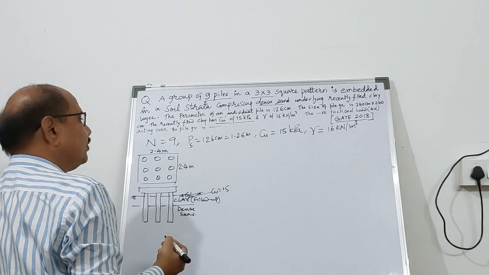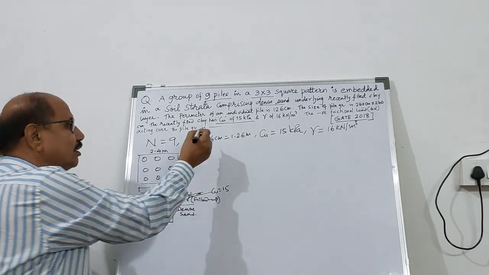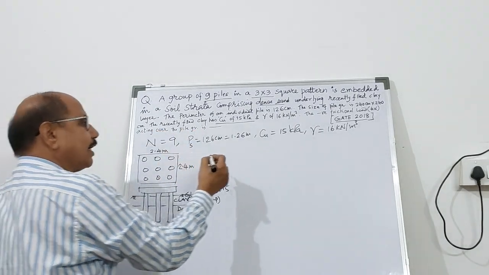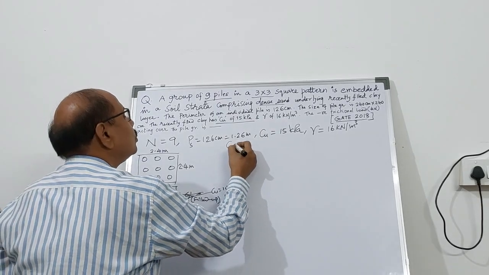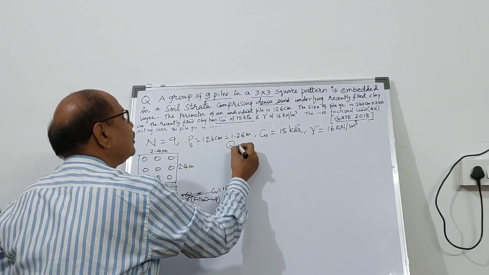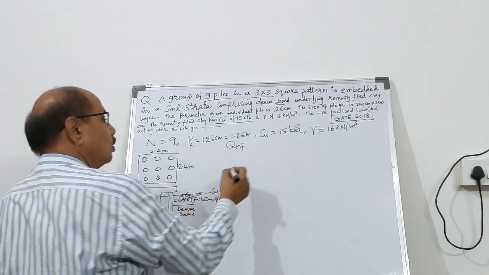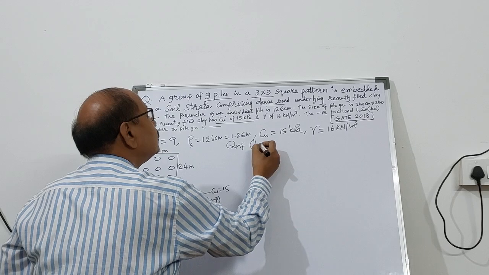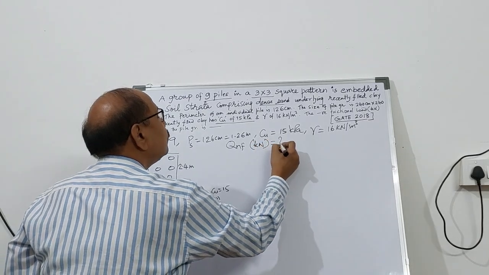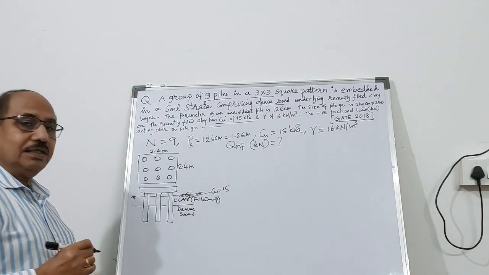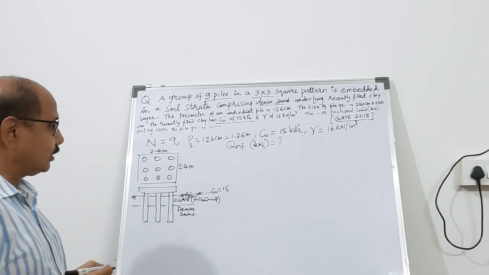The negative frictional load acting over the pile group is to be calculated. So what is the negative friction in kilonewton for the pile group? That needs to be calculated.